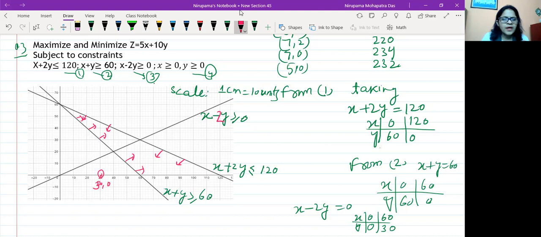Okay, I may take 10, 0, I may take 20, 0, not an issue. Suppose I take 30, 0. Now, I am putting x equal to 30, y 0. So, 30 greater than 0 is true, and 30 greater than 0 true. So, it means the region will be towards 30, 0.